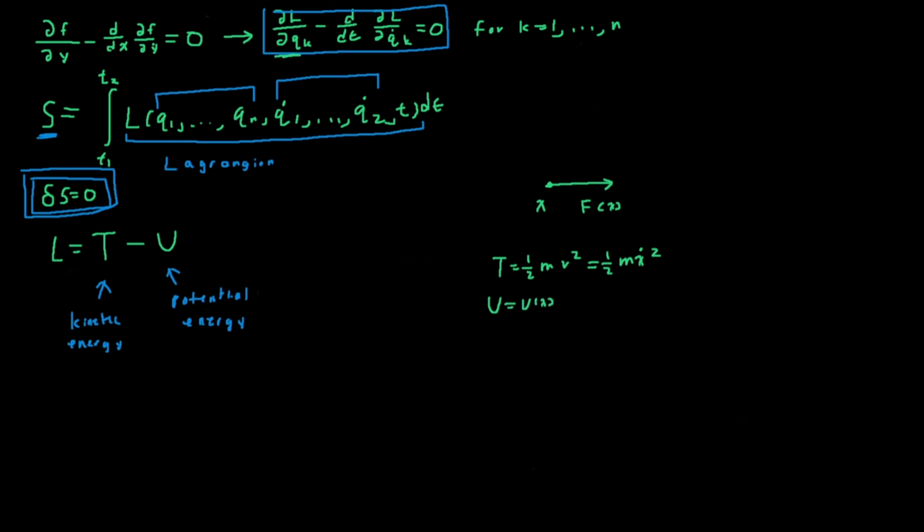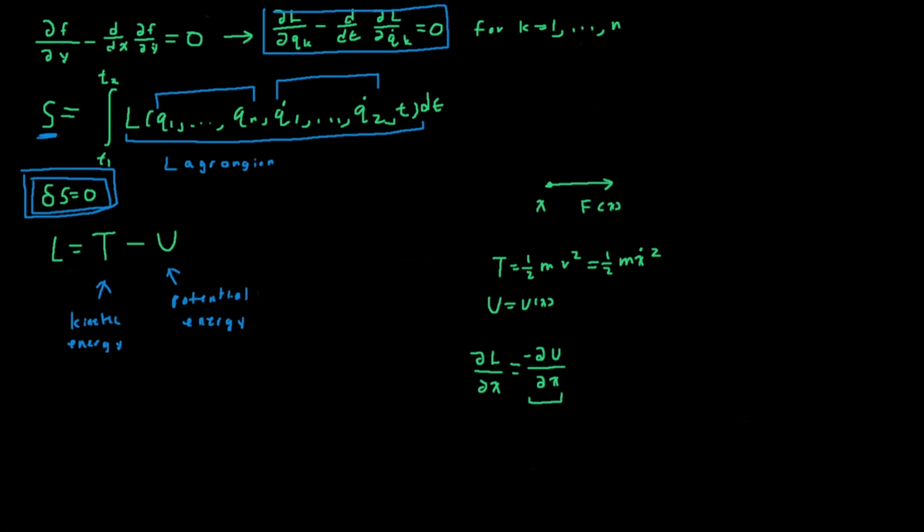So if we consider these little partial derivatives right here, first we're going to take the partial derivative of the Lagrangian with respect to x, and that's just going to be equal to minus the partial derivative of potential energy with respect to x, because when we take the partial derivative of the Lagrangian right here, the T is going to vanish because it's not a function of x explicitly, and we're just going to be left with this right here.